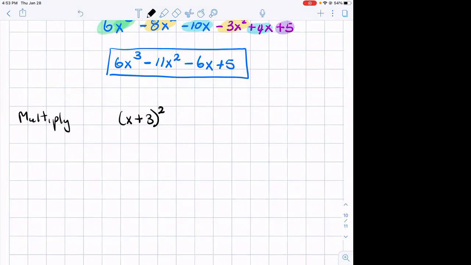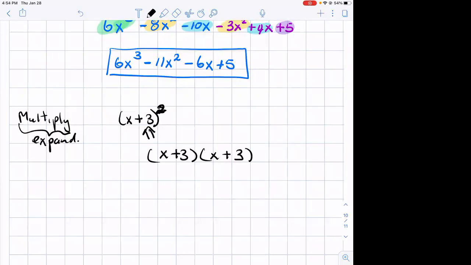And generally we don't say the word multiply so much here. We may say expand. So keep in mind, what does this mean? This means write that parentheses twice, because of the square here. So it's x plus 3 times x plus 3.